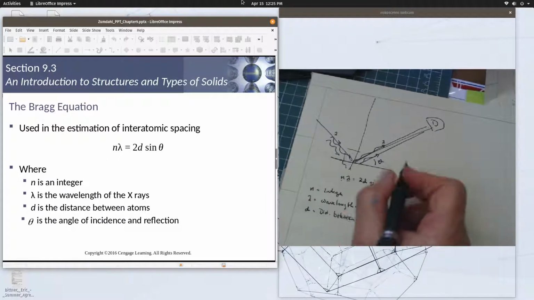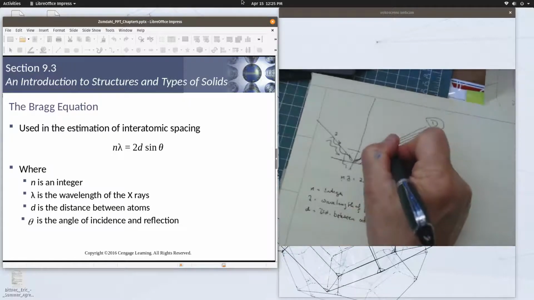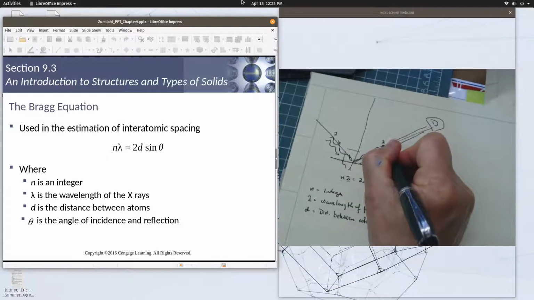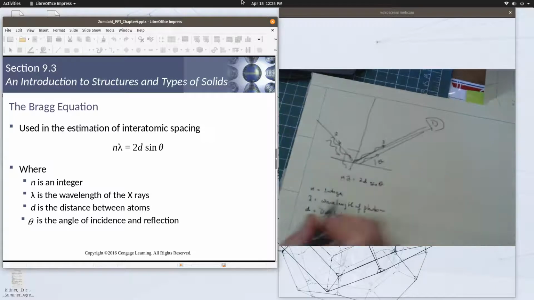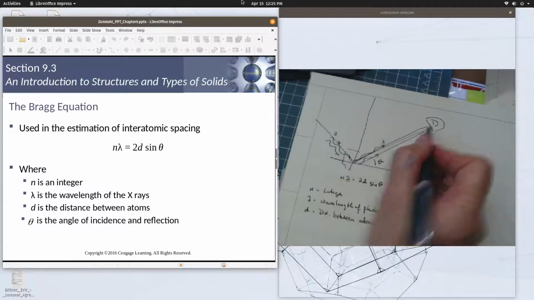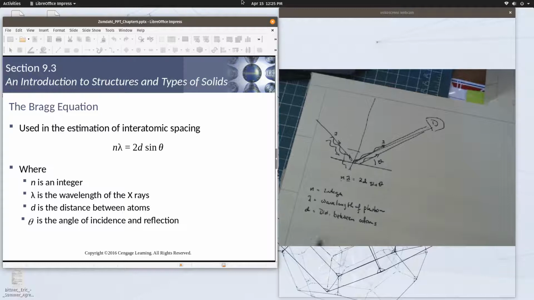Because this path length is slightly longer, or maybe slightly shorter than the other, I get constructive and destructive interference at the detector. And so I get a series of peaks. I might get a peak like this, and another, weaker peak over here, and likewise off to the sides.